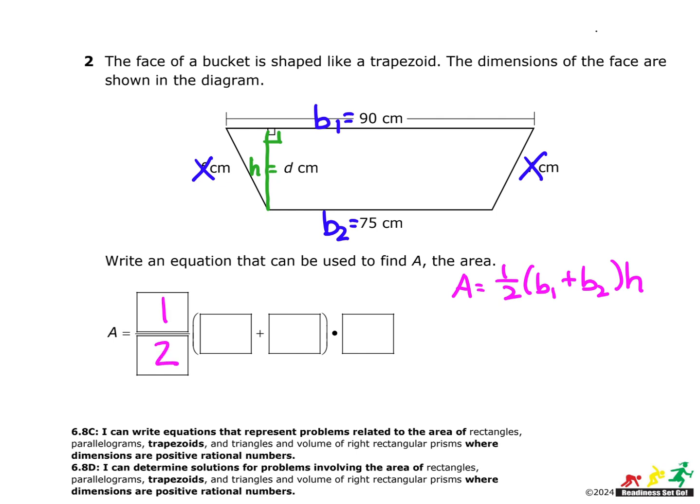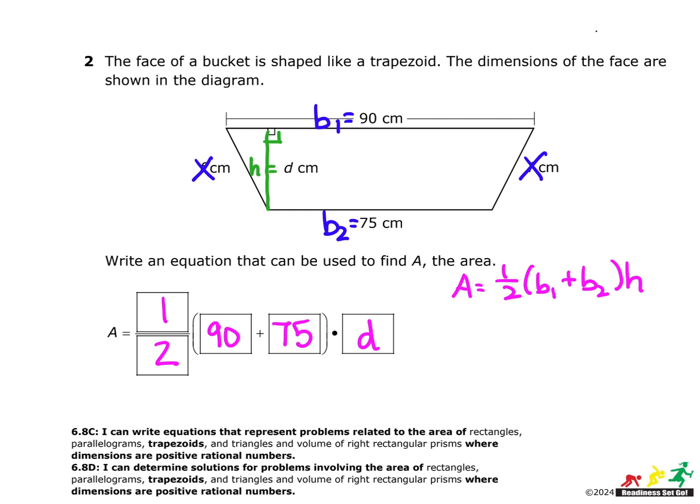Base 1 is going to be equal to 90 plus base 2 is equal to 75 times my height. We don't know the height, but we know that D represents the height, so we can just say D. We could also leave it as H, and then we could figure out what the value of H is, because we're going to have to figure out the value of D here anyway.